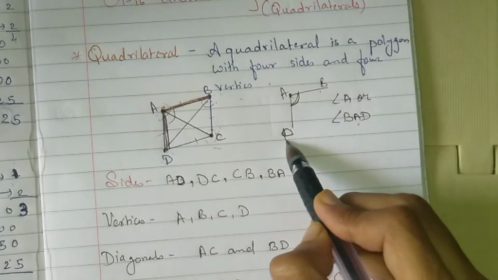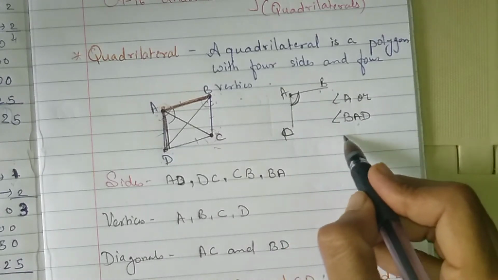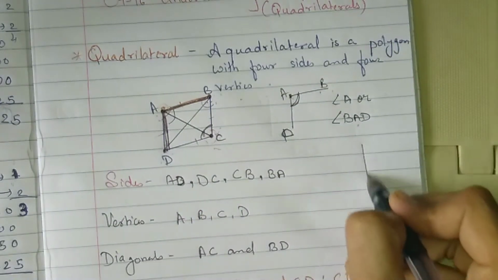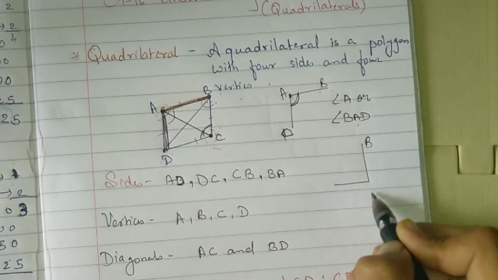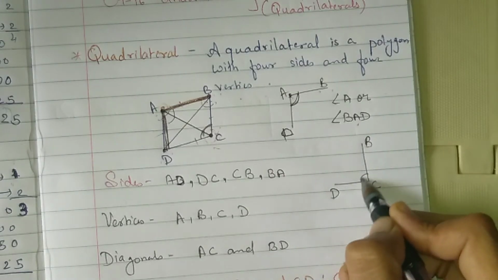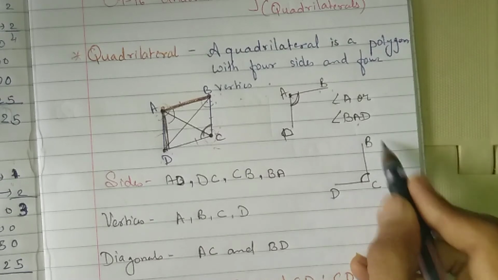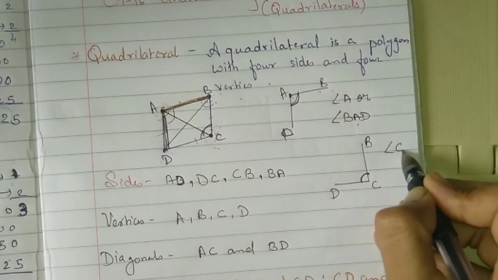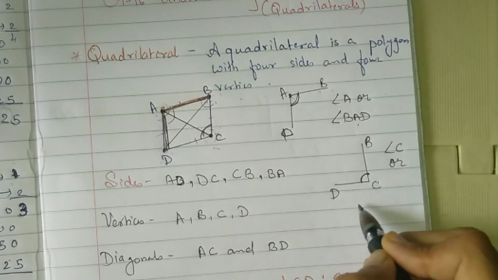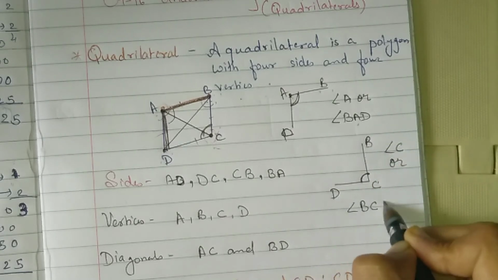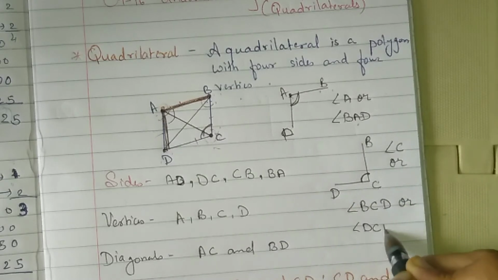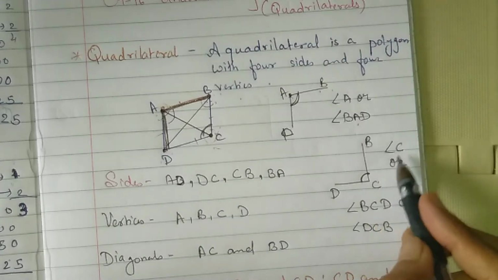You can write angle DAB also. If you want to indicate this angle C, now I am drawing here. It's B, C and D. So how can you write this angle? One easy way, angle C or angle BCD or angle DCB. The easy way is this one.